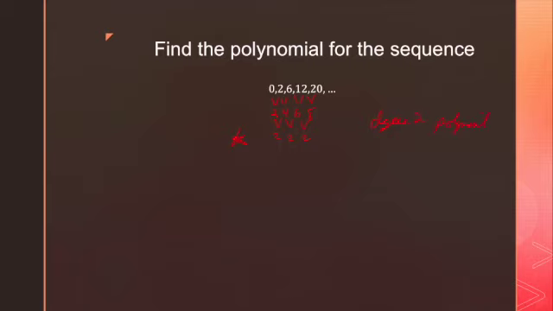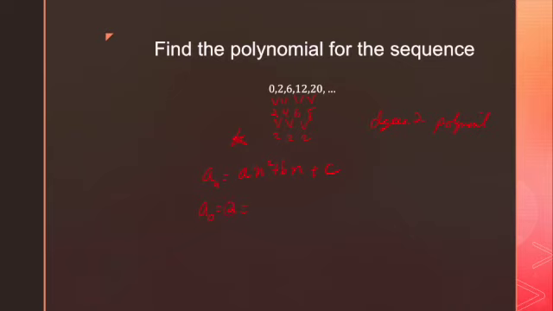So I know I have something of the form a sub n equals a n squared plus b n plus c. So I know that a sub 0 is 0, and that makes sense.